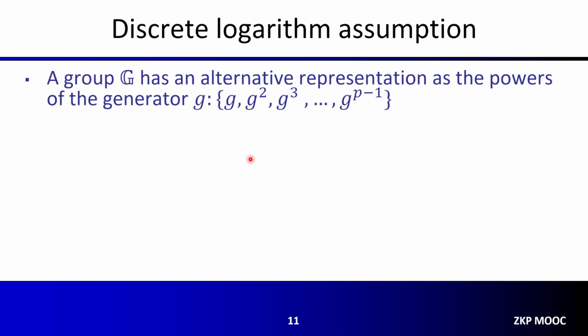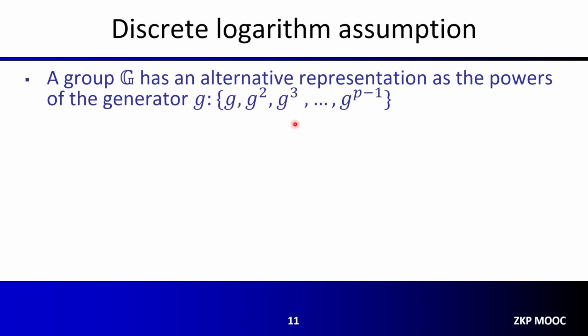With this definition of a generator, a group G has an alternative representation as the powers of the generator g. You can write it as g to the 1, g to the 2, all the way to g to the p minus 1. This is because by the definition of the generator, this set iterates through all possible elements. So this is essentially the same set as the group in a different order.